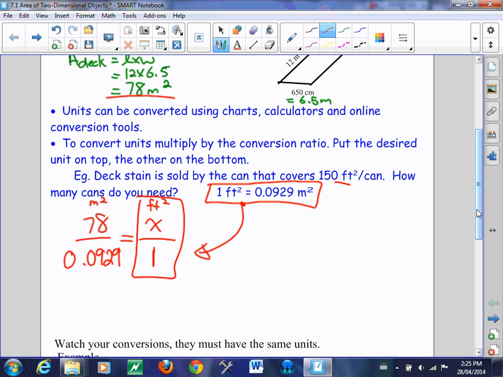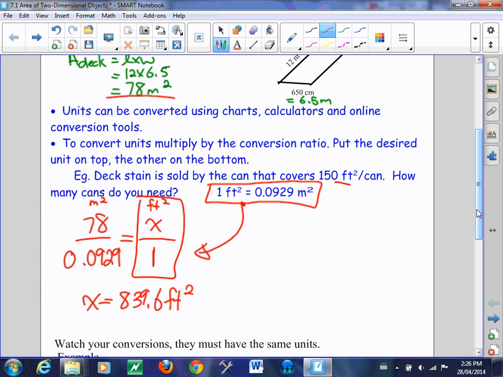You can remember to cross multiply, or you can realize that x divided by 1 is x, so you would simply just divide. Plug in your calculator, 78 divided by 0.0829, and you'll get approximately 839.6 feet squared.